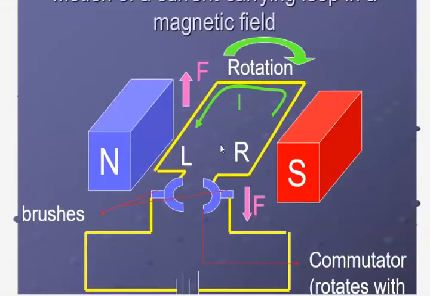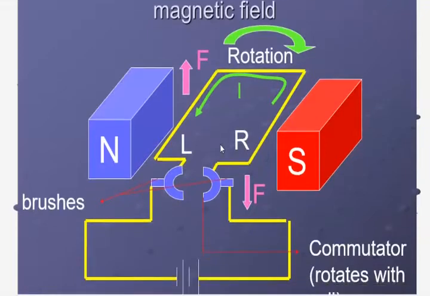The coil starts rotating because of the couple of forces, and that's why this coil will have rotational kinetic energy that can be used as mechanical energy for various purposes.